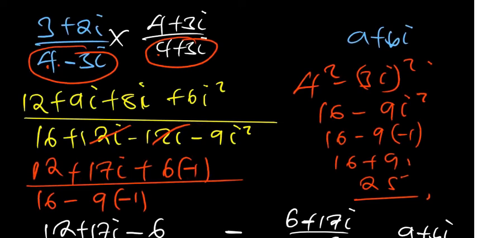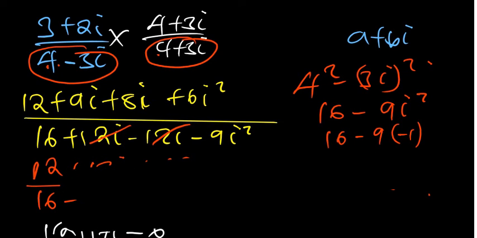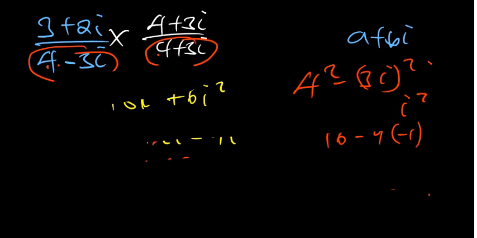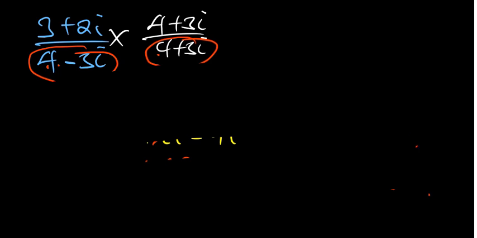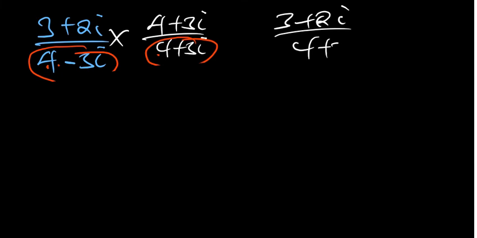For example, let's say we have 3 plus 2i over 4 plus 3i, not so? Yes. So the conjugate of this, we know that we are going to end up having 4 minus 3i divided by 4 minus 3i.